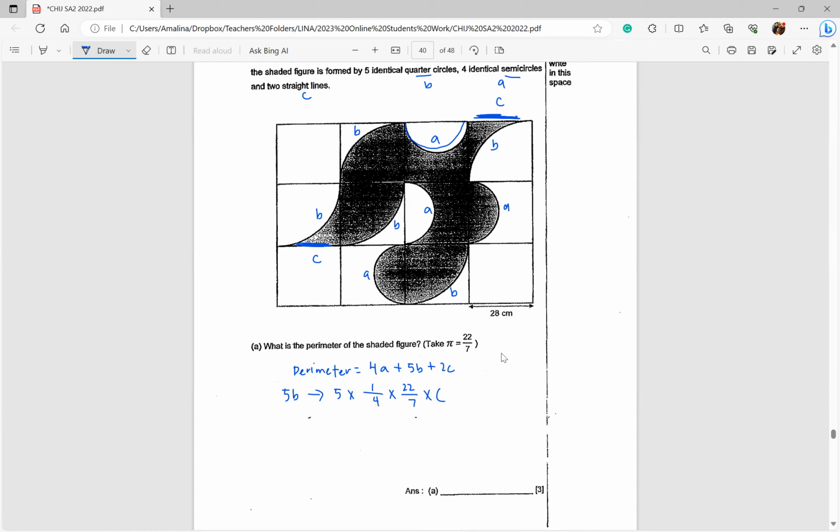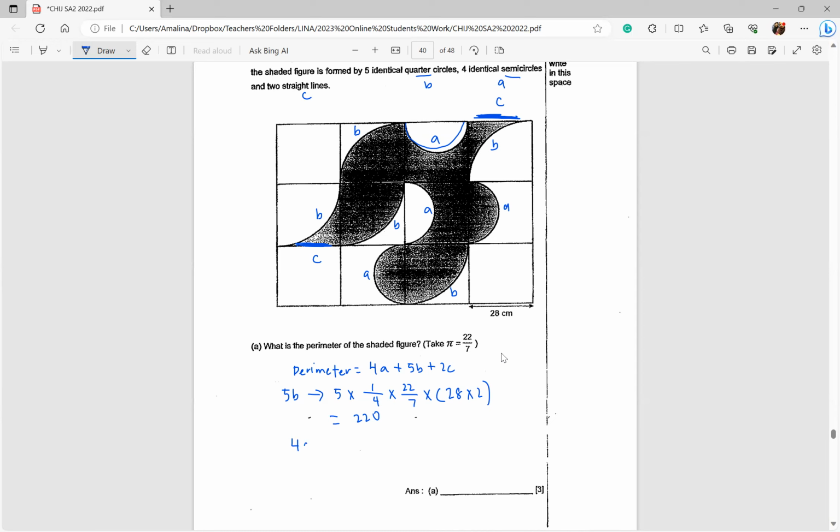Perimeter means the circumference, so 2 pi r, or pi times your diameter. So 5 times 1/4 times 22/7 times your 2 radius, 28 times 2. I get 220 cm for the 5B, which is the quarter circles.